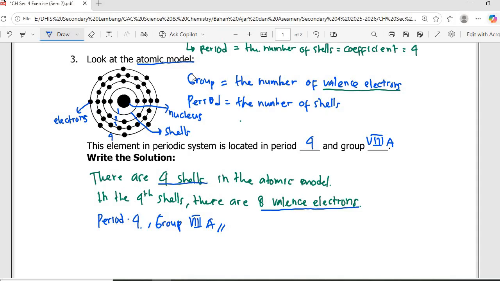So when you find questions like atomic models, make sure that the group you choose is group A, not group B.